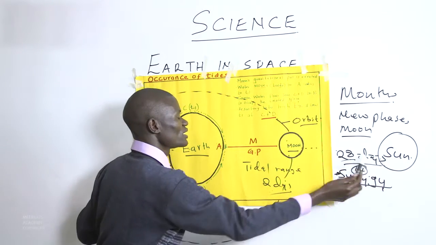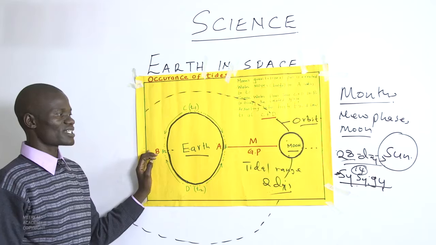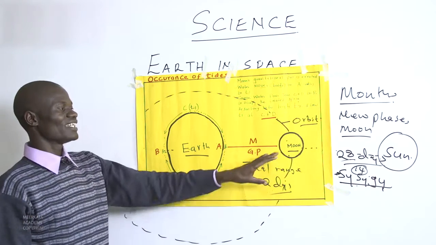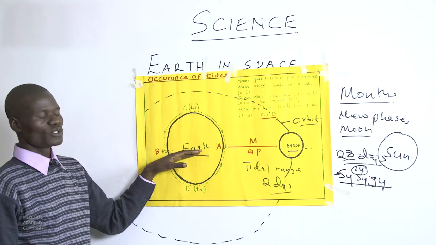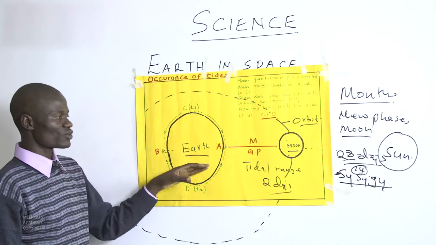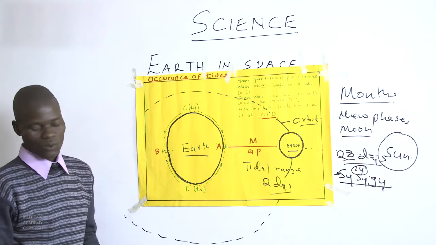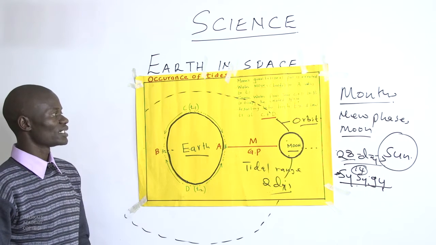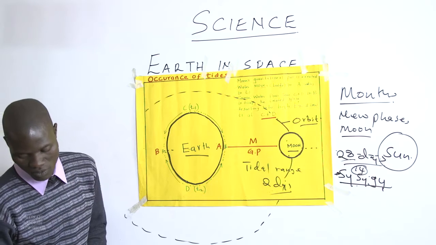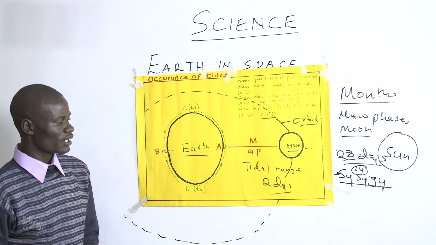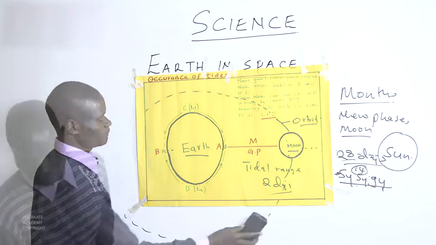It is during this season that we will also understand that syzygy occurs and eclipses will be occurring, and the effect will be felt on Earth's surface. That is how we have been able to look at the occurrence of a tide. Let's move on and look into the next part.